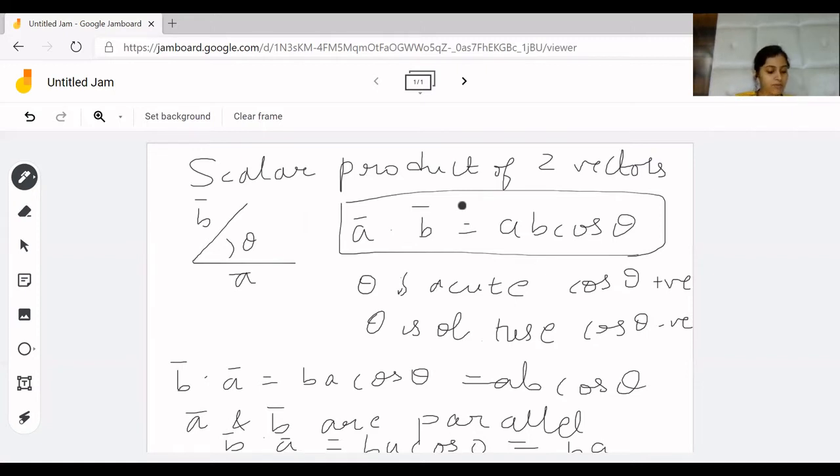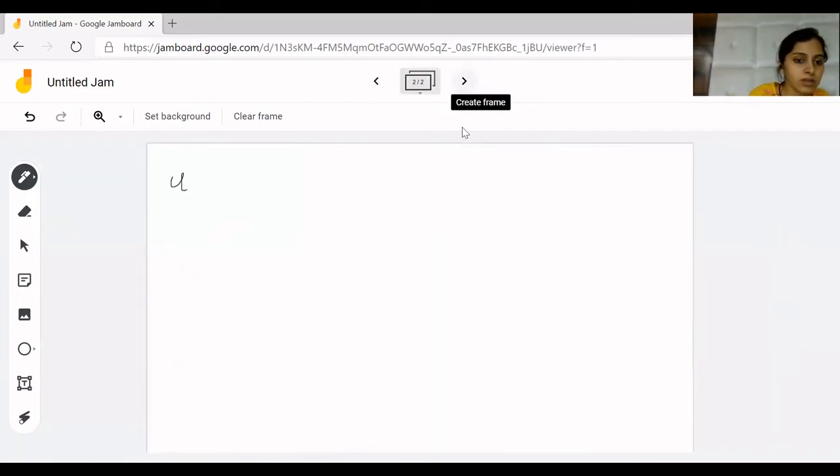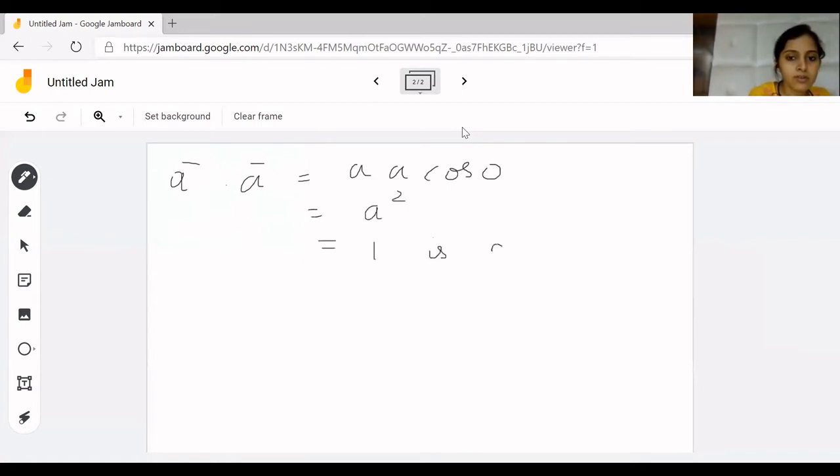Now, if you have a unit vector, a cap, what will that property be? So, a bar dot a bar is equal to a cos of 0, which is a square, and which will be 1 if a bar is a unit vector, since the magnitude of a unit vector is equal to 1.